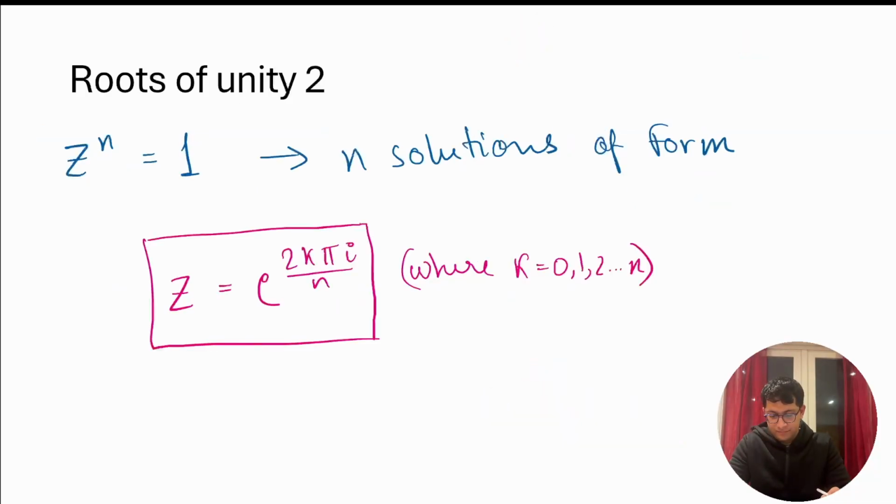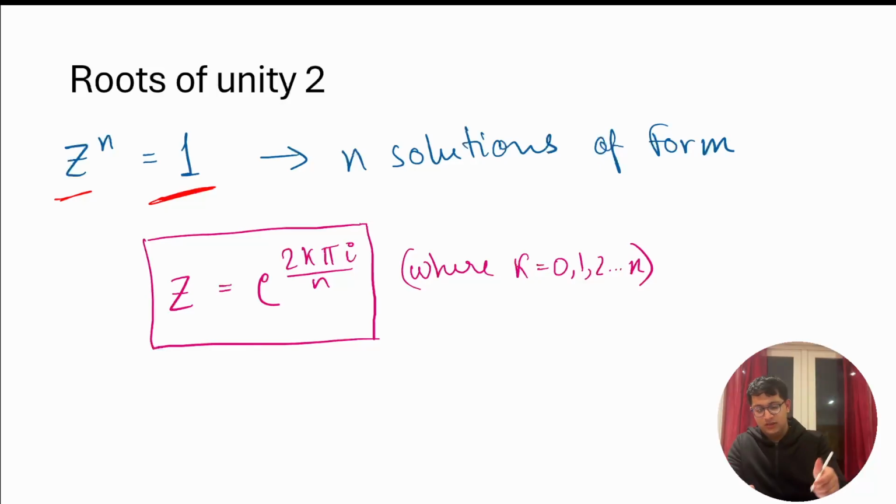Okay? So, the general formula for getting these roots of unity, after you've worked one out, is if you have something like z to the power of n equals 1, there's going to be n solutions. Remember this, it has to be z to the n equals 1. So if it's not equal to 1, if it's equal to 6, then divide both sides by 6. This only works if it's z to the n equals 1.